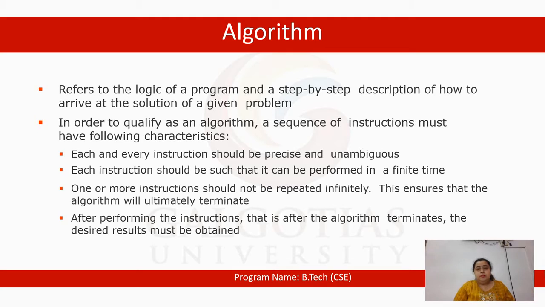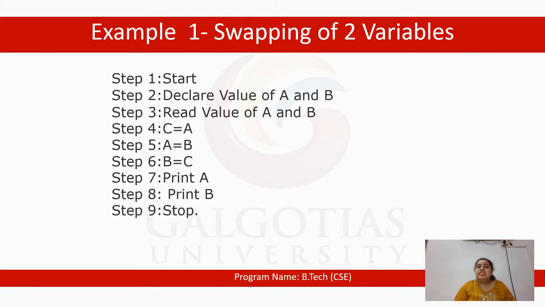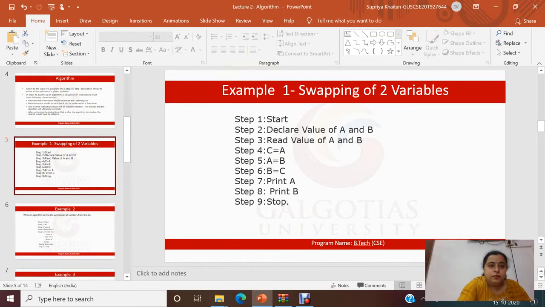Now let's understand how to write an algorithm with the help of some examples. Let's take up one example, that is swapping of two variables.